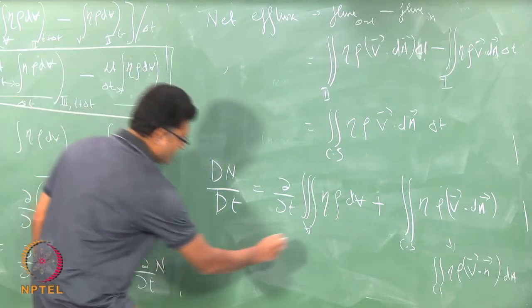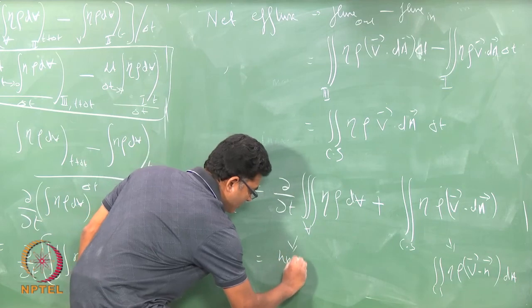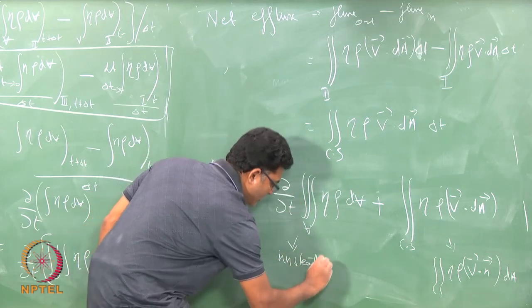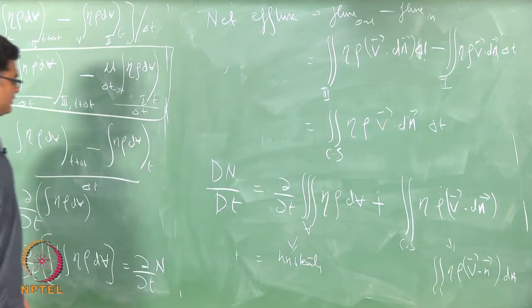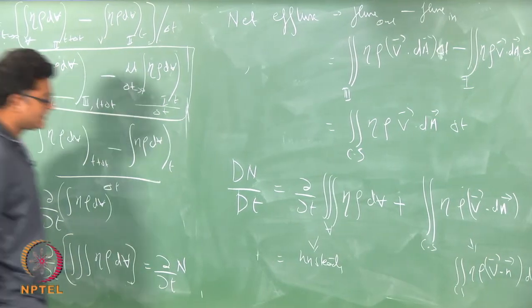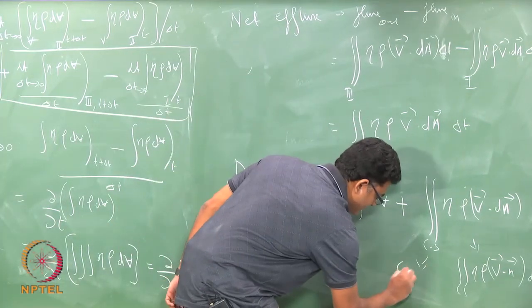So, this is your unsteady part of your property change, and this is your convective part.